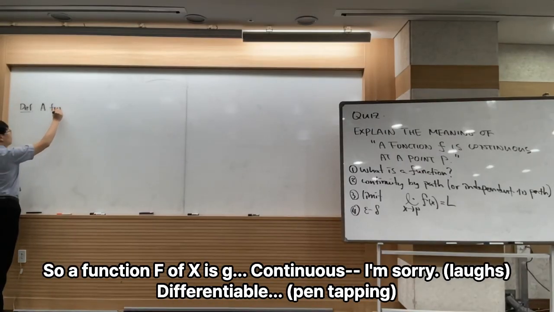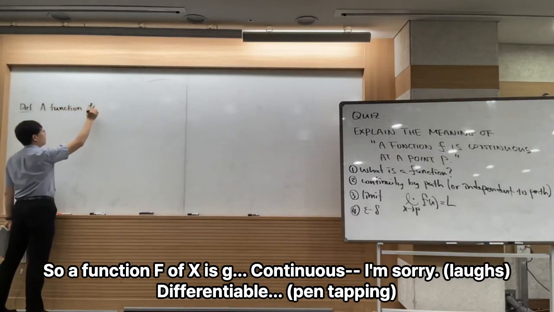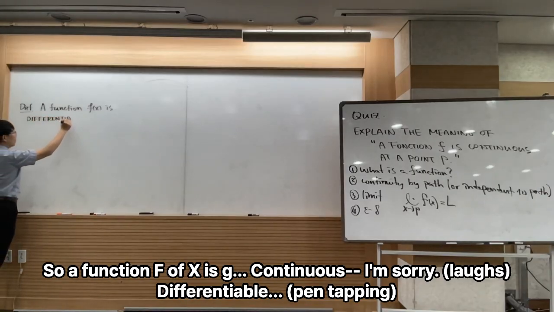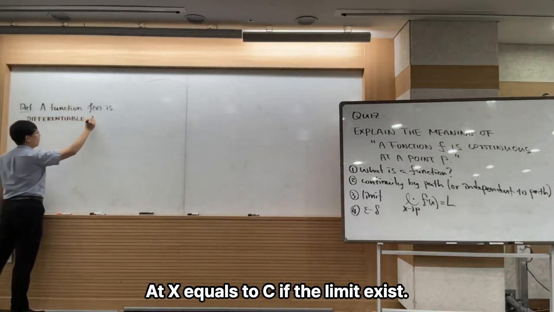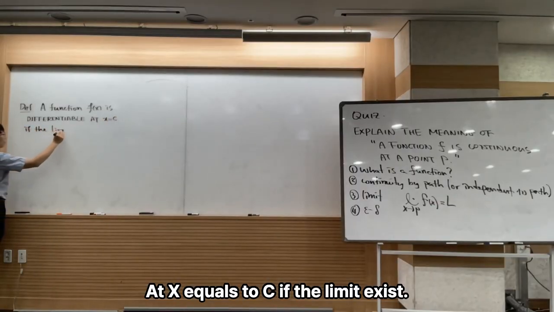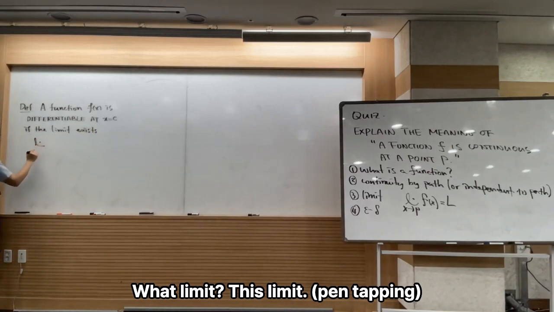So a function f of x is differentiable at x equals c if the limit exists. What limit? This limit.